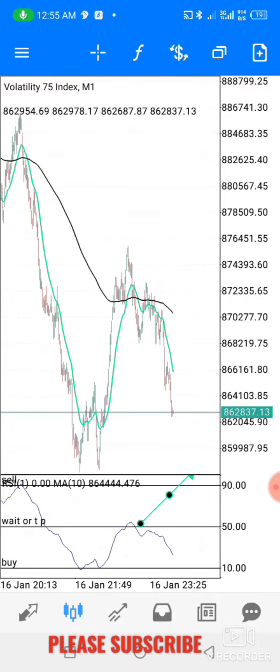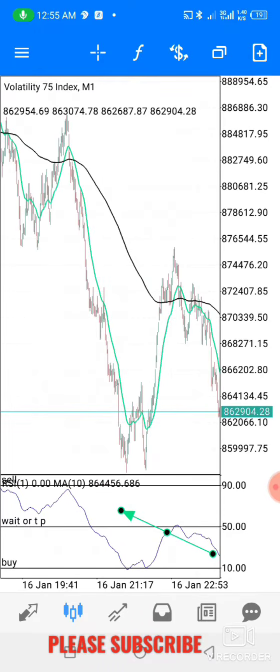It works on the resistance and support theory, but it's more powerful than resistance and support theory in the sense that the swings are in the 1 minute time frame, meaning that once you place the trade, you start making profit. There is no loss. That is it. Okay, so see how it works.